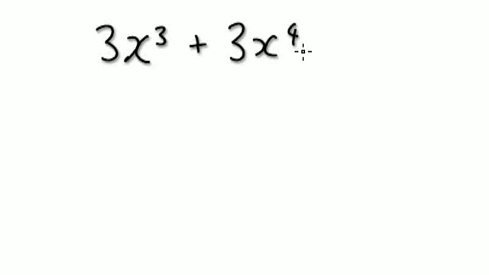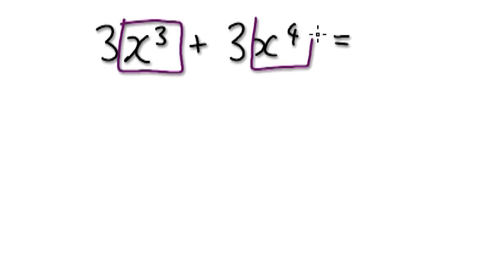Okay. So here, let's give you this one here. Let's say x to the power of 3, plus 3 lots of x to the power of 4. So what does this become? Okay, don't bother pausing because the first thing you would do is check if these two are the same. Here they're different, so you can't really add the two.